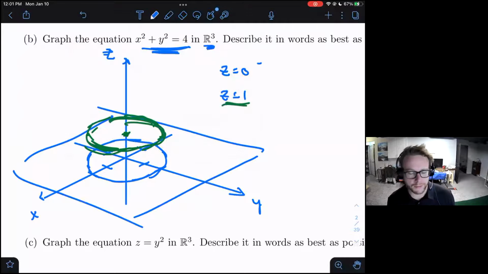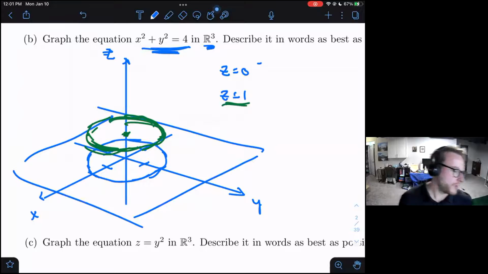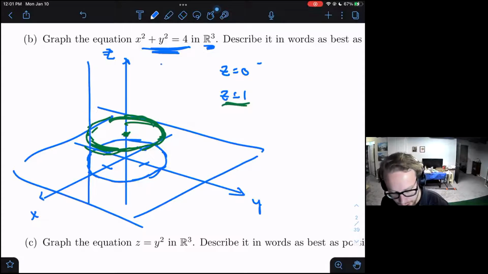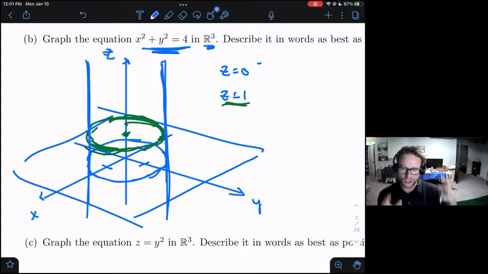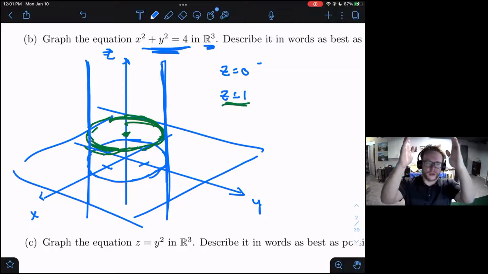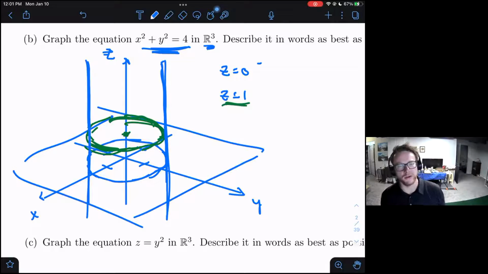And so can maybe anyone venture a guess now of what kind of shape this is going to be? A cylinder. Yes, absolutely. So this is an infinite cylinder. You have copies of the same circle of radius 2, right? Every single z value going up and every single z value going down.